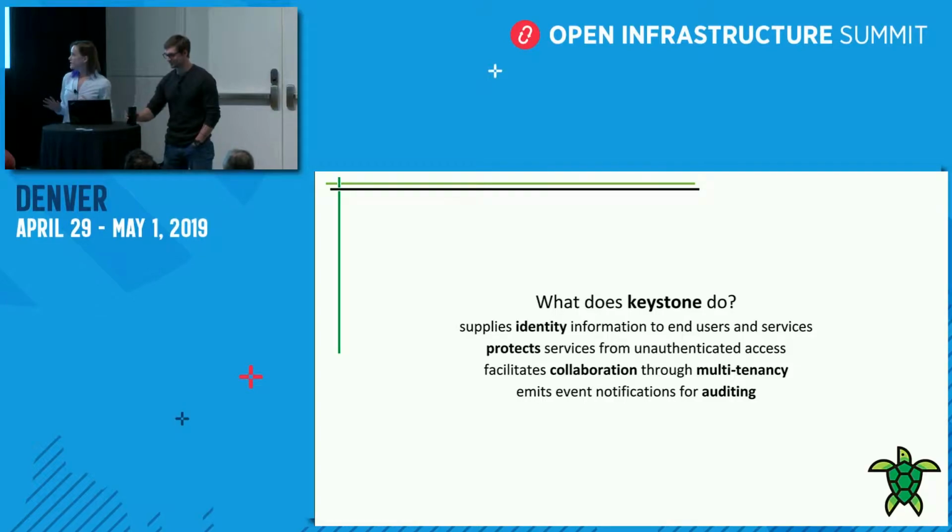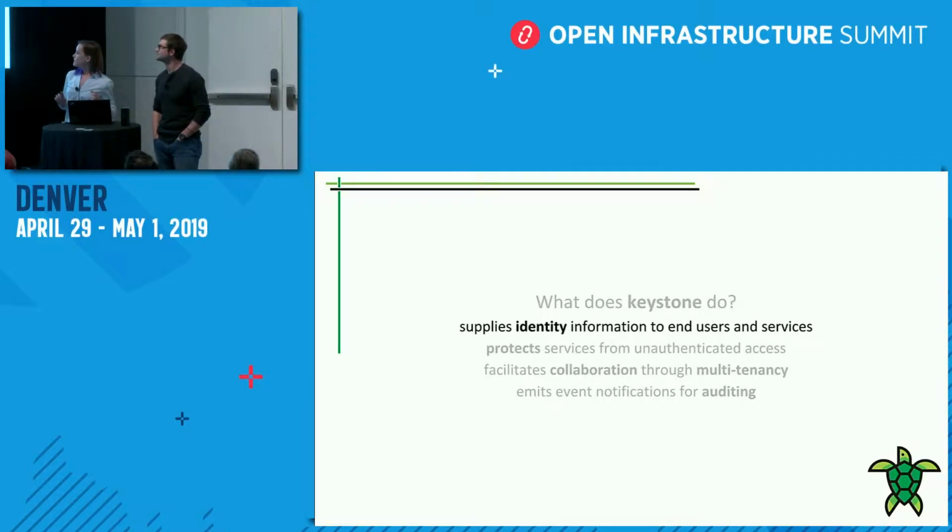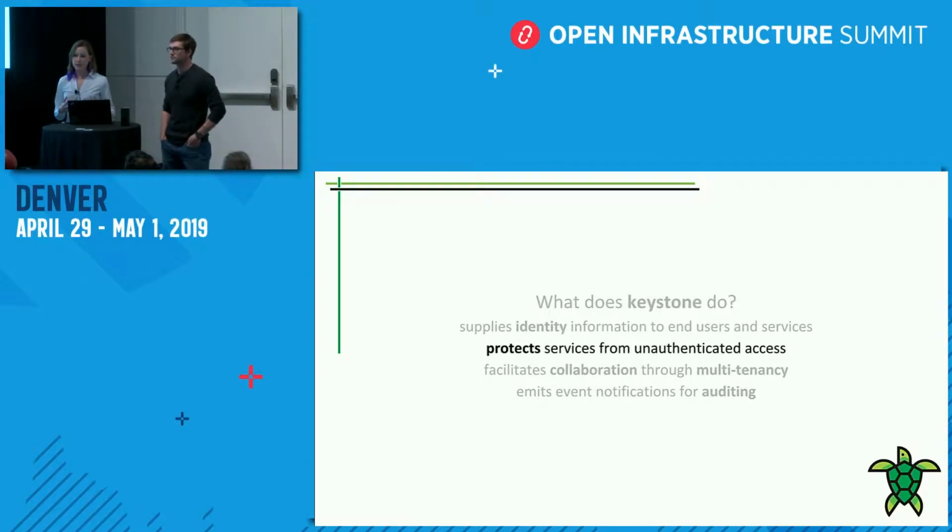So diving into a little bit more what Keystone does. The obvious thing is it supplies identity information to end users and services. That's what we sort of think of as a Keystone project, but it's also a protective layer for other OpenStack services.